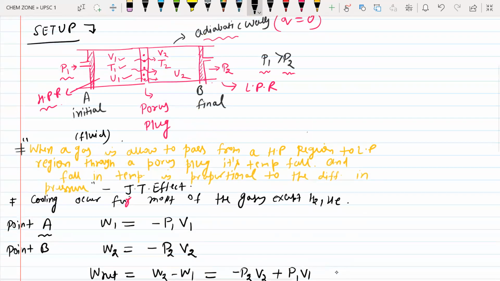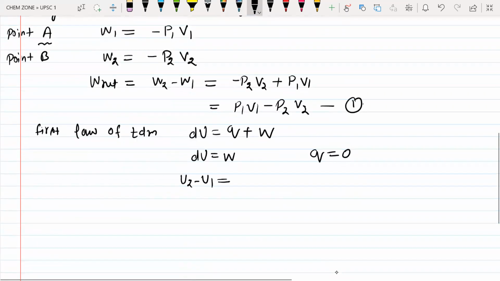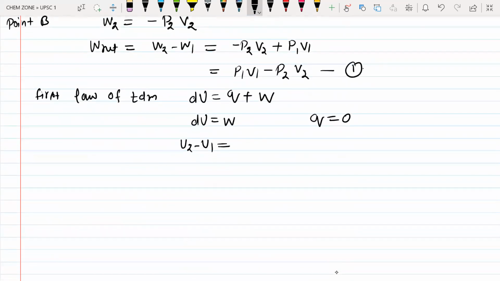In the experiment, internal energy changes from U1 to U2, so the net change will be U2 minus U1. And the work done from equation 1 is given as P1 V1 minus P2 V2. Now separate the terms.